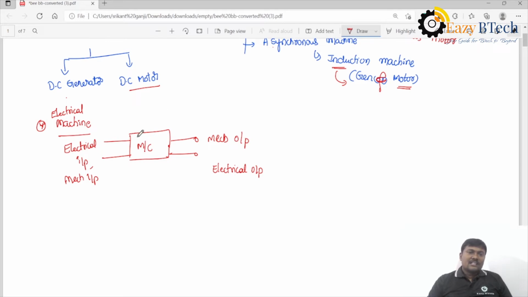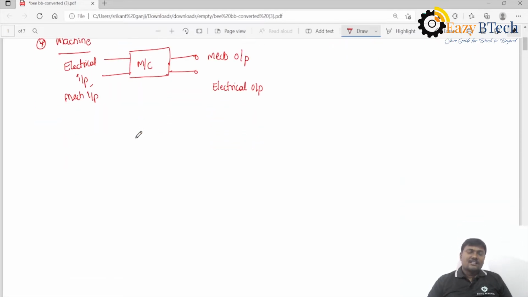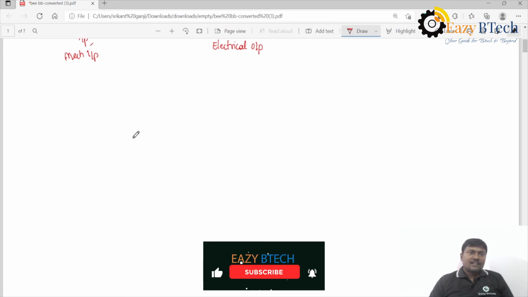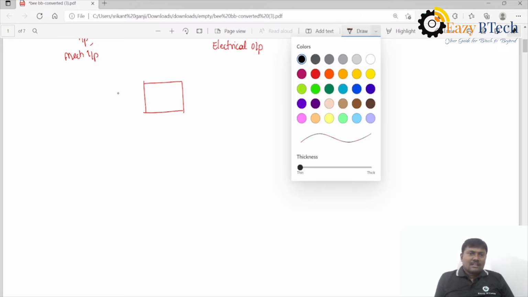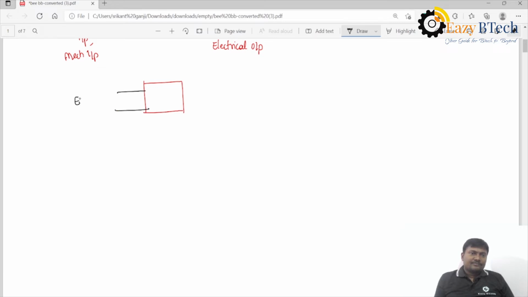We know that energy can neither be created nor destroyed. Energy can be transformed from one form to another. And a machine which converts electrical input to mechanical output, we can say that it is a motor.